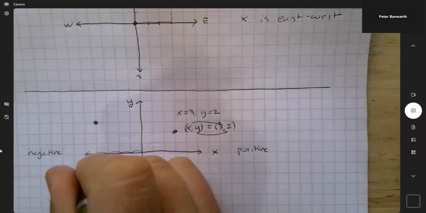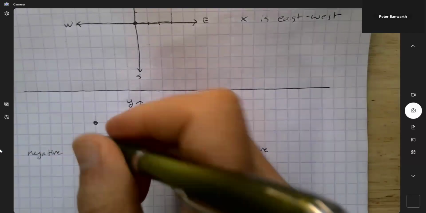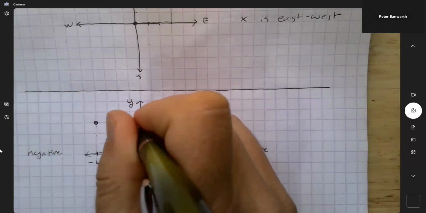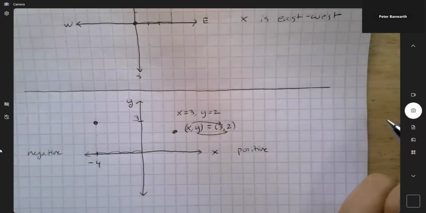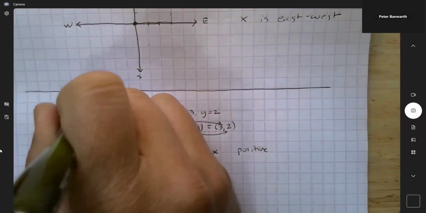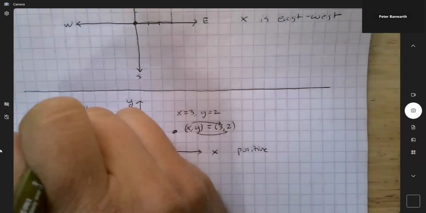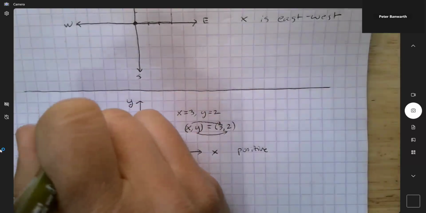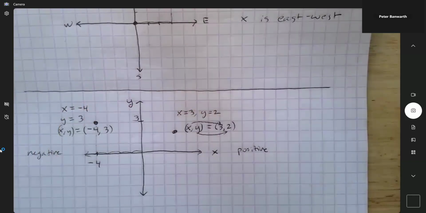So this point is -4 on the x-axis because I took 4 steps, but I took them to the left. And then I still go 3 steps up, so I'm at a height of 3. So this coordinate point has coordinates x equals -4, y equals +3. And if I were to write it as a coordinate point, I'd say -4, 3.